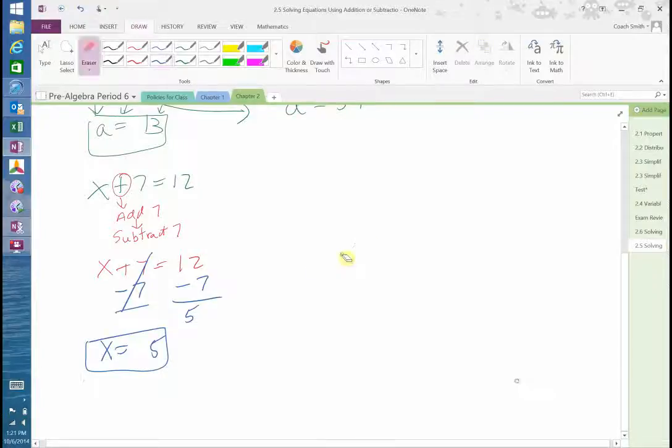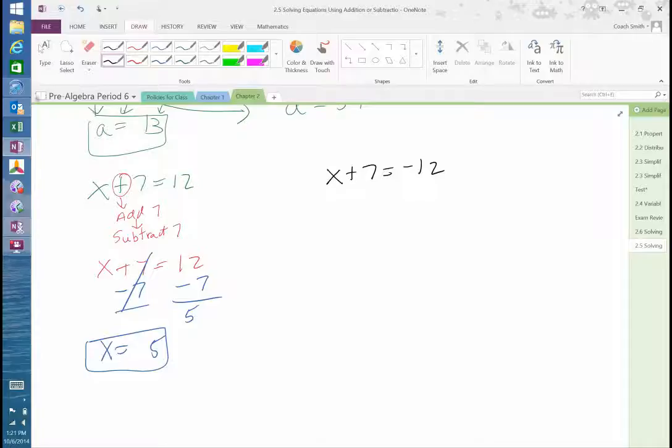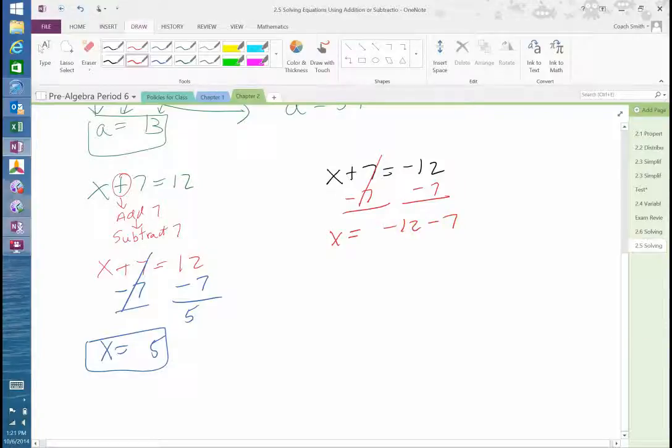Now, let's look at that same problem, but let me change one aspect. Let's say we had x plus 7 equals negative 12. The process of how to solve it doesn't change. I'm adding 7, right? What's the inverse of adding 7? Subtracting 7. So you still subtract 7 from both sides. Over here it cancels, leaving me with x is equal to negative 12 minus 7. This is where it changes a little bit.